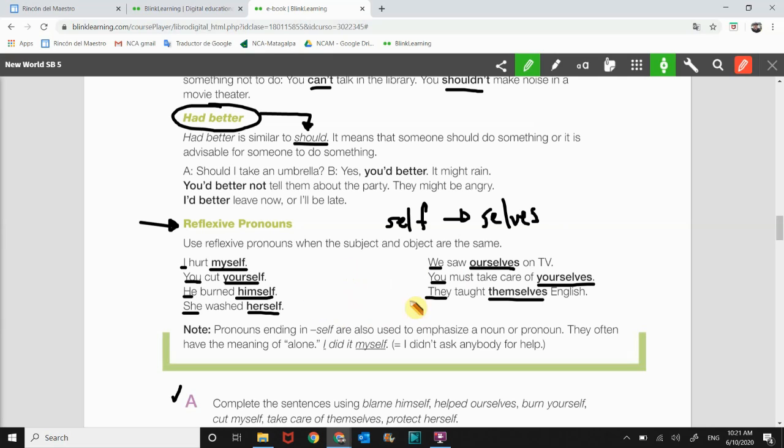And typically, not typically, but the majority of the time when you use a reflexive pronoun, it's talking about alone. Like I did it myself, he did it himself, she cleaned the kitchen herself means by yourself, no one helped you. So the majority of how we use reflexive pronouns is the meaning of alone, without help.